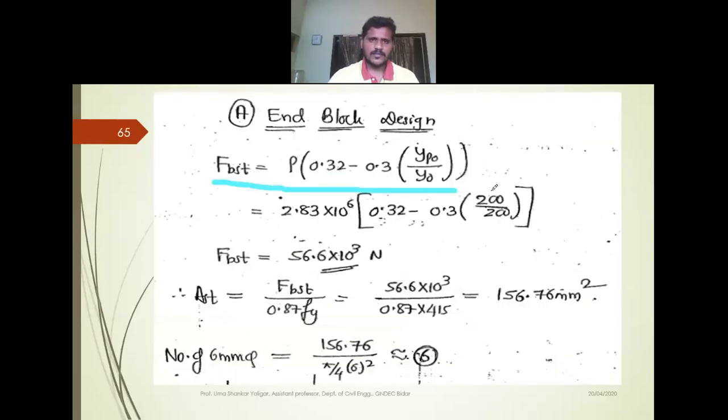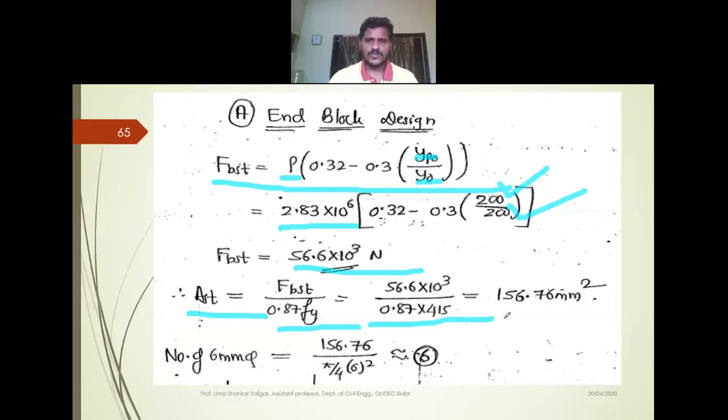Then you calculate the bursting force. P we already calculated. Ypo we know, also y naught. Ypo is the depth of the plate. Y naught is the depth of the prism. Already we calculated, we know the values. Substitute all these values, you will get bursting force as 56.6 into 10 raised to 3 Newton. And the area of steel is equal to bursting force divided by 0.87 fy.